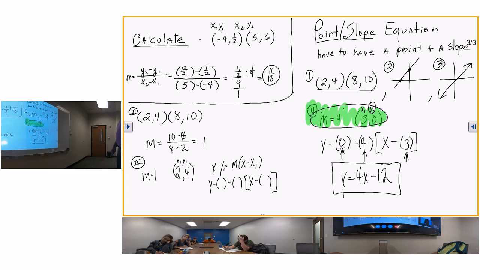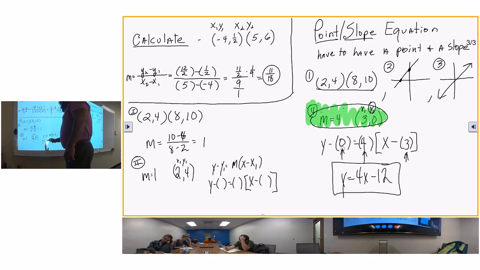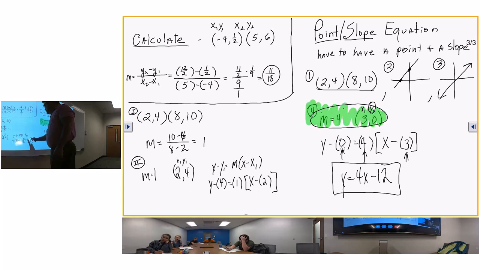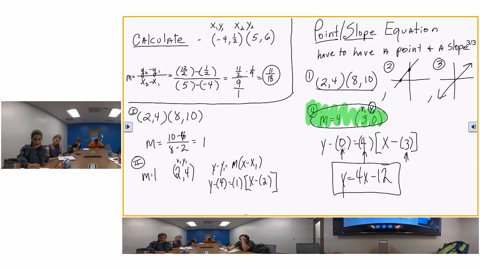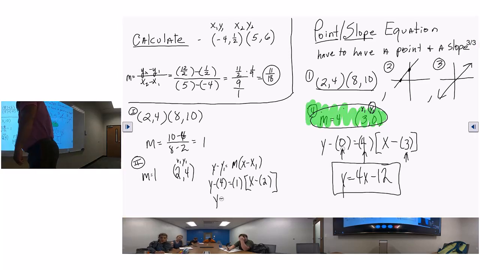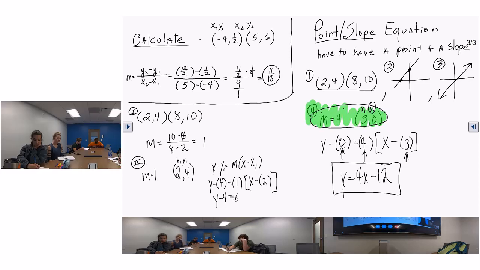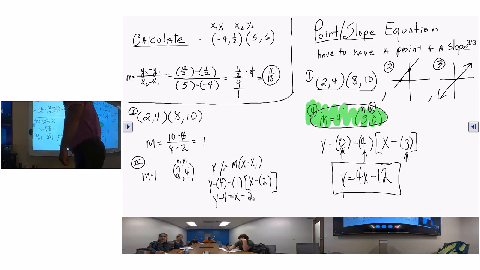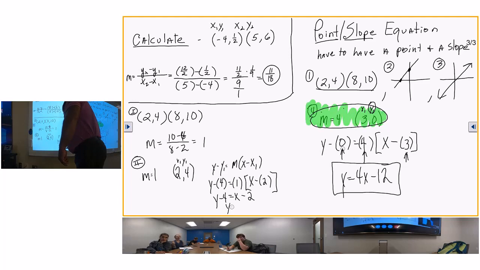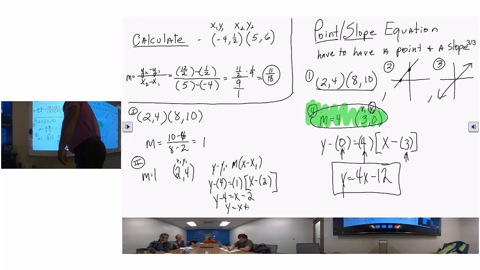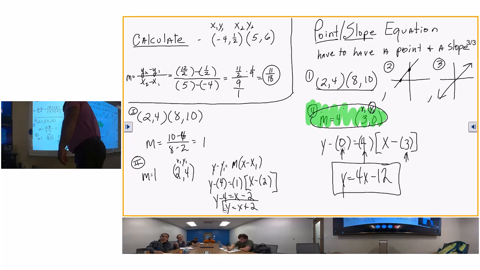What's y sub 1? 4. What's slope? 1. What's x sub 1? 2. So that's going to be y minus 4 is equal to what? x minus 2. And then bring that 4 over: y is equal to x plus what? x plus 2.